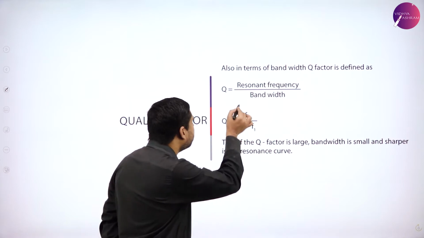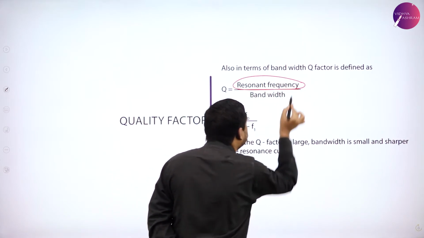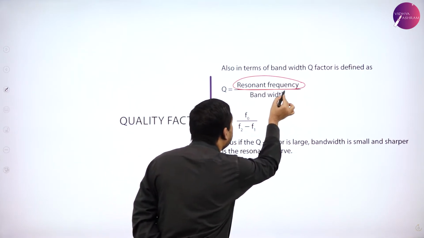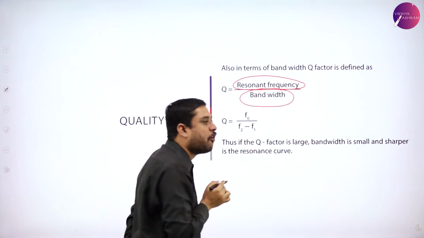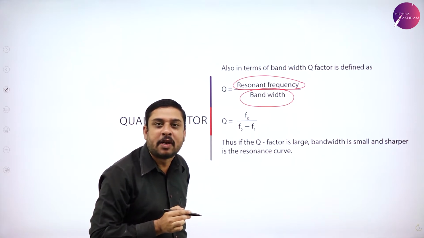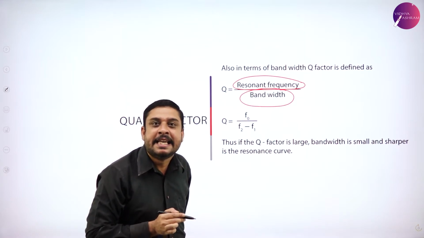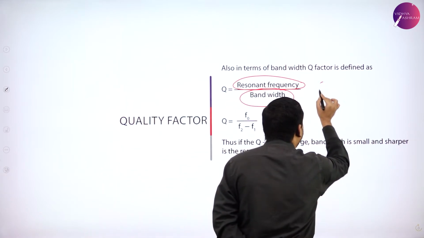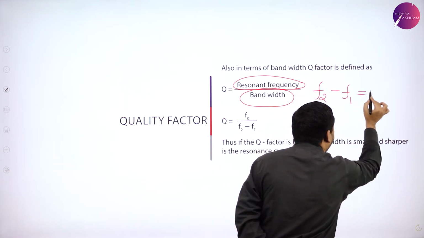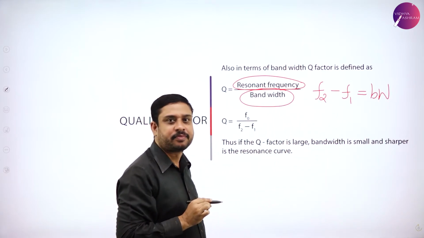So we say it is the ratio of the resonant frequency to the bandwidth of the circuit. Yesterday you saw the resonance curve, with half power frequencies F1 and F2. The difference of F1 and F2 is what we called the bandwidth.